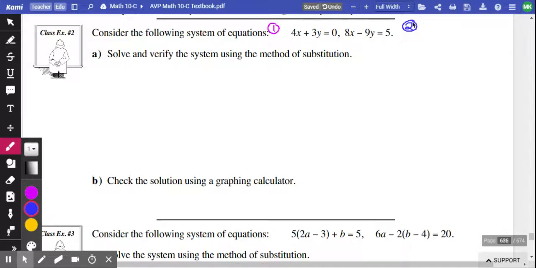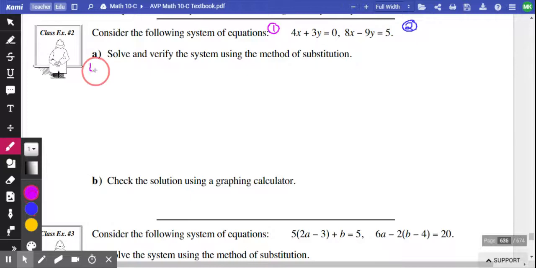And it doesn't matter which letter and it doesn't matter which equation. So whichever one's easier to get by itself, do that one. For me, looking at this, the first equation, I don't have x's or y's by itself. Second equation, I don't have x's or y's by itself. So I can pick either one and get either letter by itself, and I'll still be right. I'm going to pick the first equation.